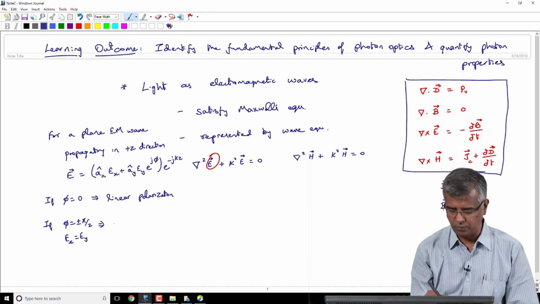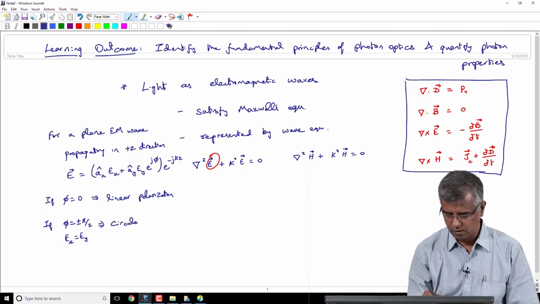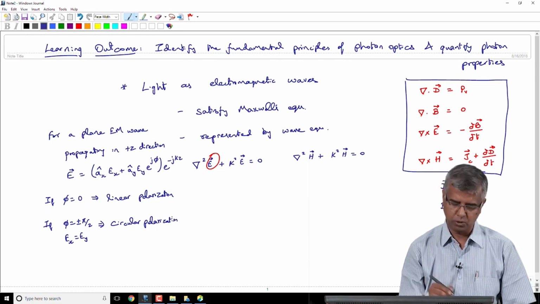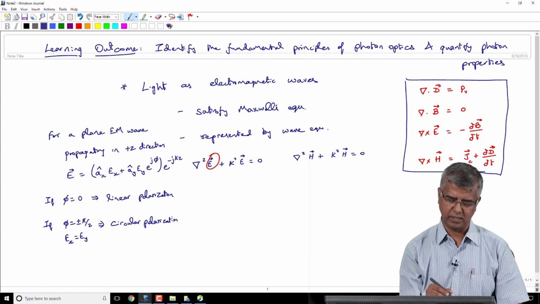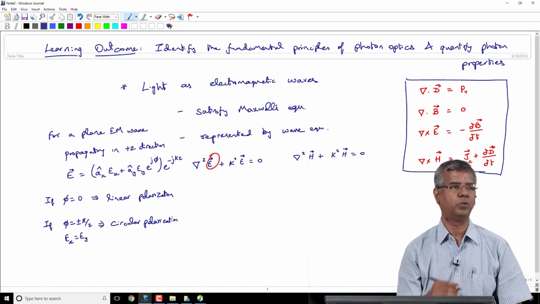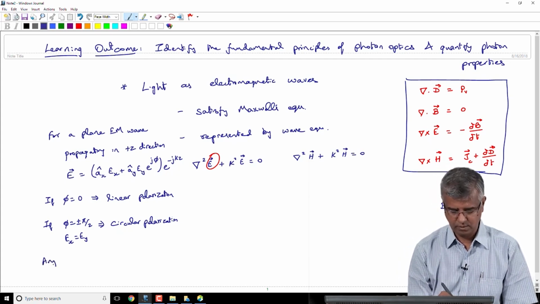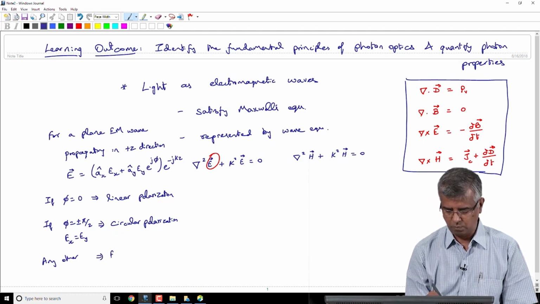So, that is what we call circular polarization, and of course, we can go into specifics and say if it is plus pi by 2, that corresponds to left circular polarization, minus pi by 2 corresponds to right circular polarization, and in any other case you probably have an elliptical polarization.